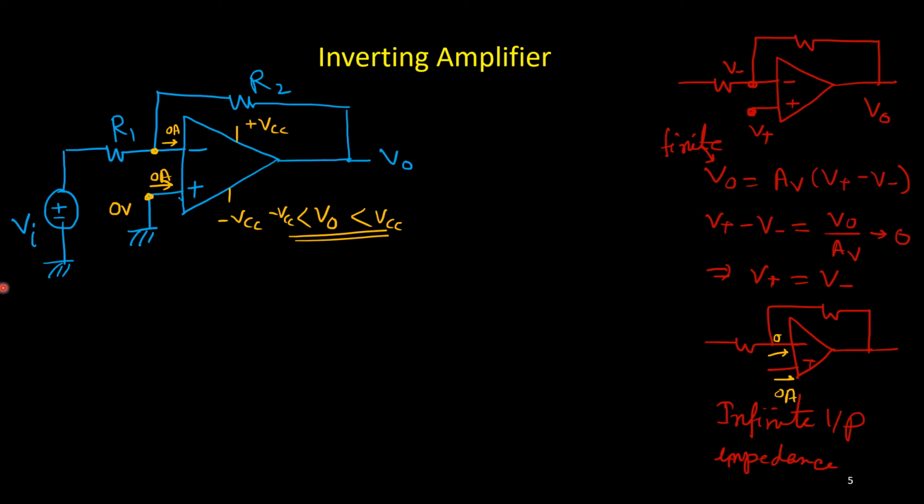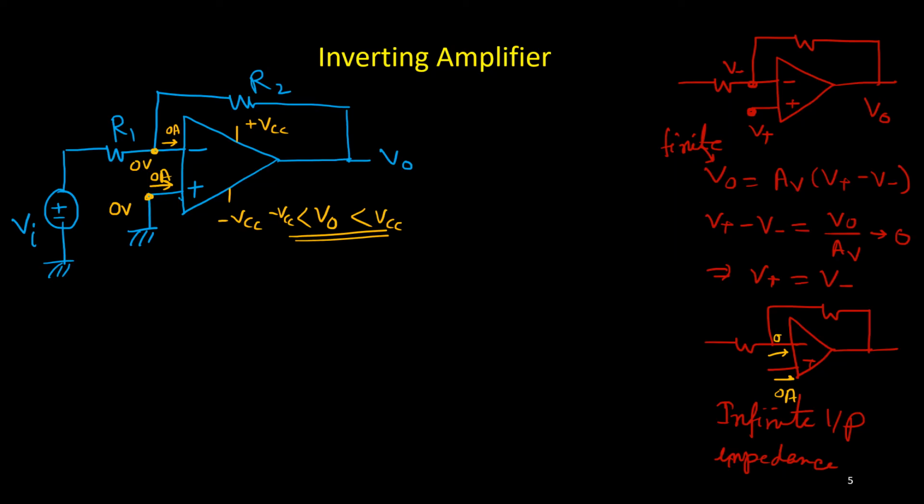That problem will be discussed later. Right now we'll assume V naught is within minus VCC to plus VCC. It is finite, so these two potentials will be the same. As this potential is 0, this is also 0 volt. So it is called virtually grounded.